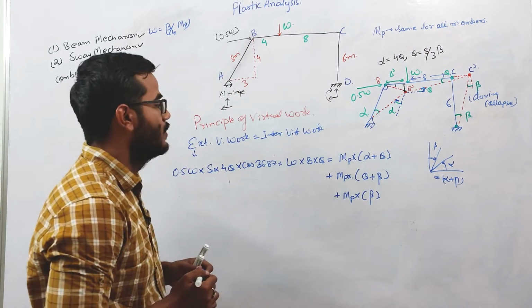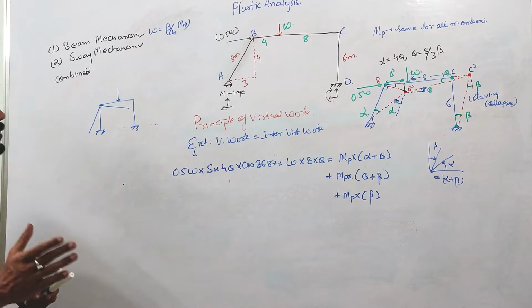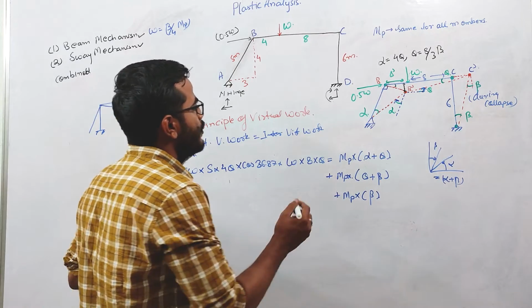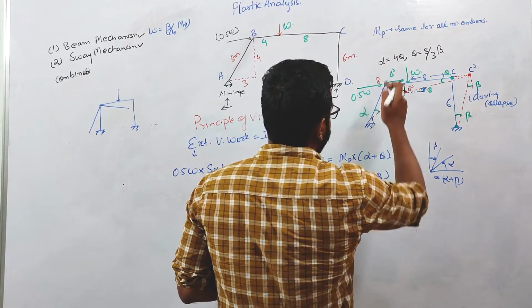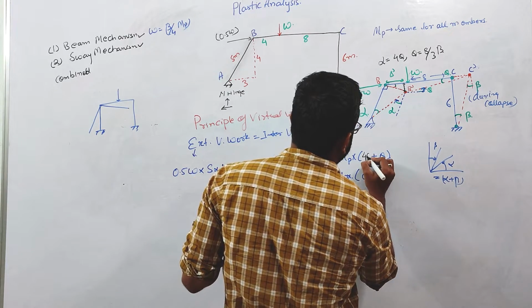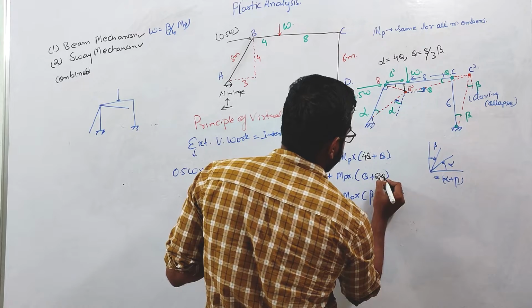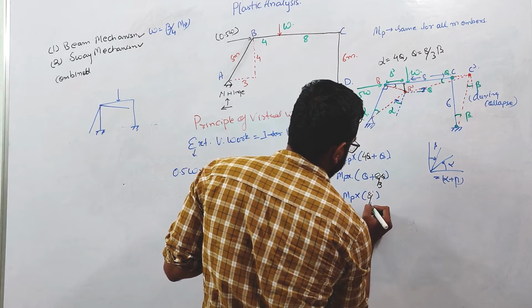Now we'll be using this relation and putting the values of alpha and beta. Alpha is 4 theta, and beta is 8 by 3 theta.